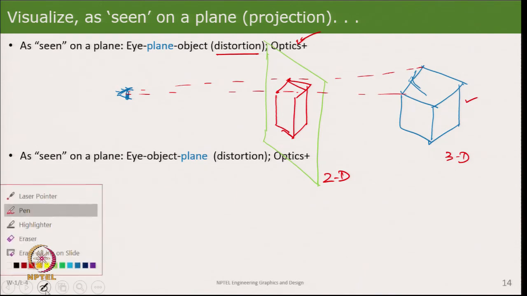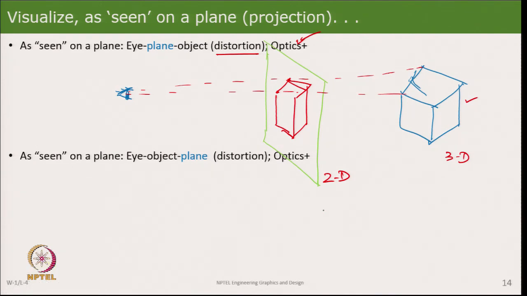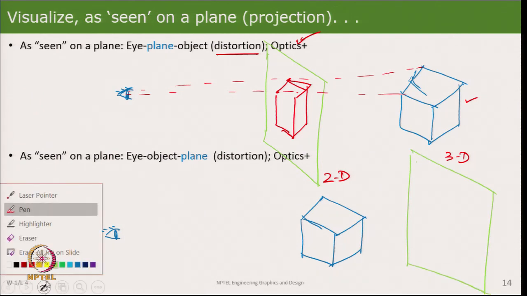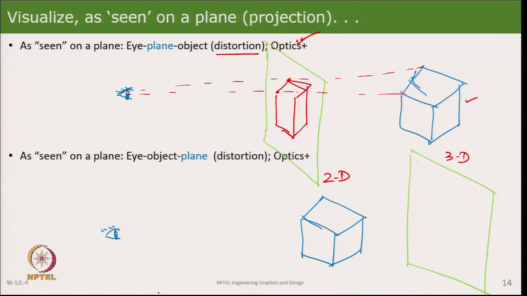So, we have the object, the eye is here, but now the screen is placed behind the object, and we say, well, whatever I see, can I project it on this and make a picture on this?